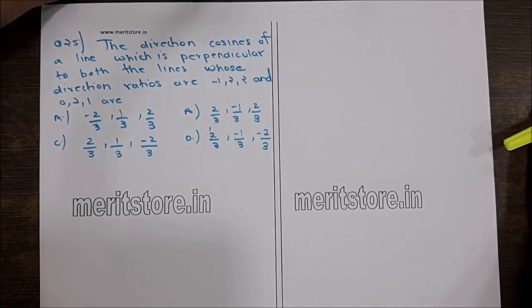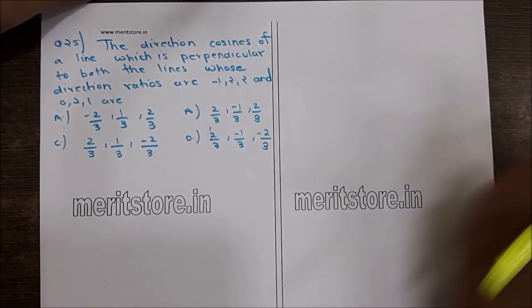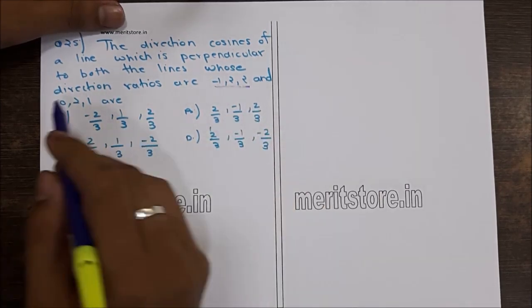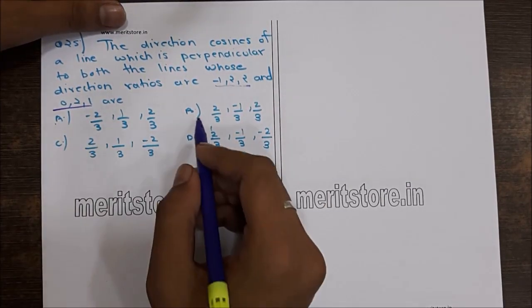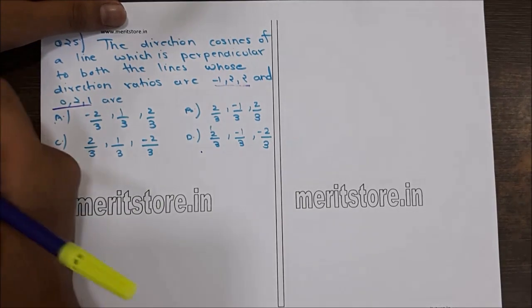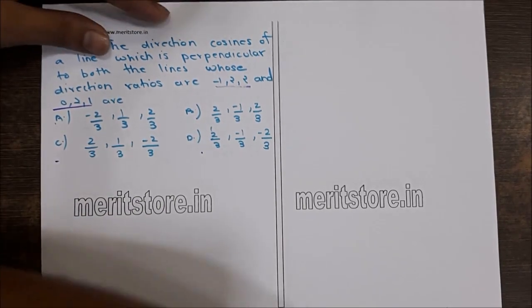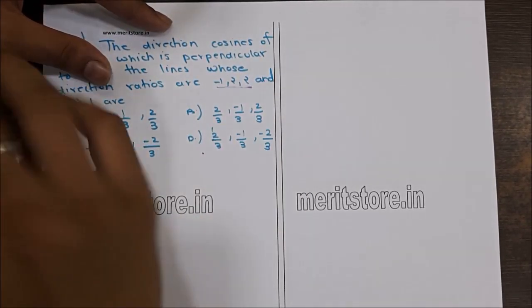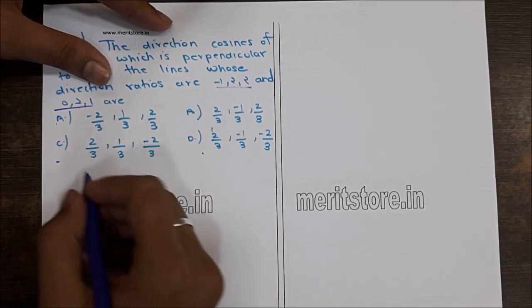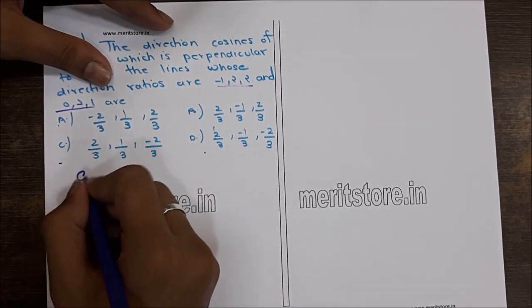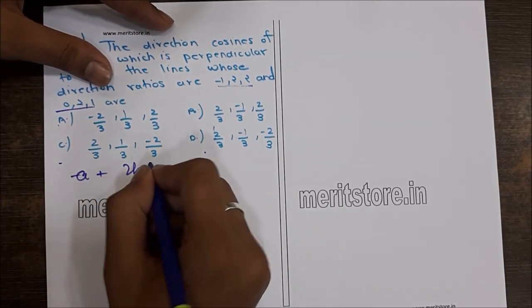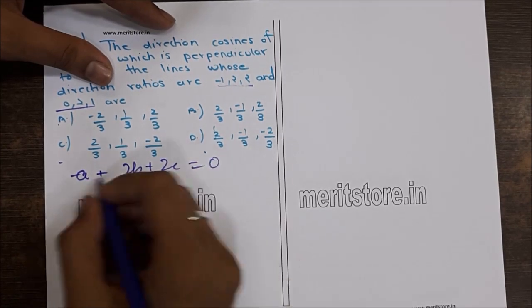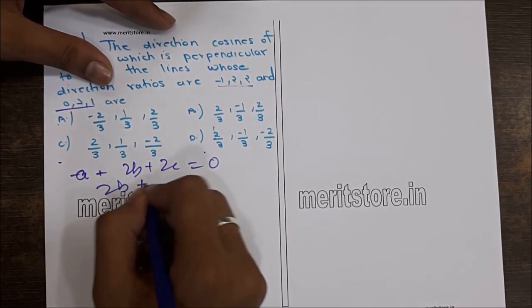Question number 25. The direction cosines of a line which is perpendicular to both the lines whose direction ratios are minus 1, 2, 2 and 0, 2, 1 are option A, option B, option C or option D. Now let the direction ratios of the line perpendicular to both the lines be a, b, c. Okay, so we'll get minus a plus 2b plus 2c is equal to 0 and 2b plus c is equal to 0.